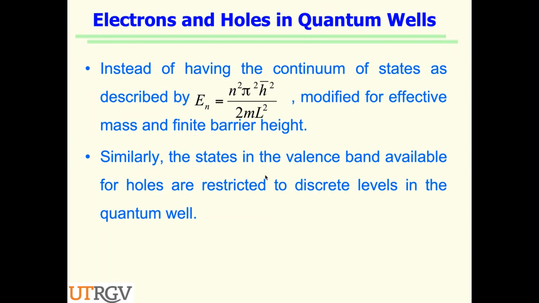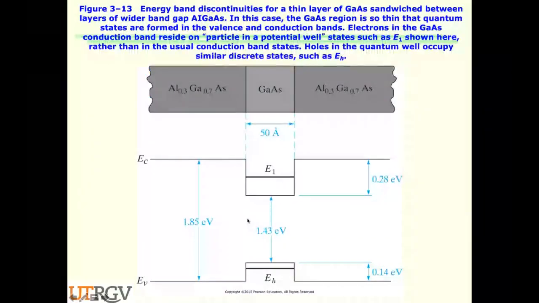Now, in that case, what would happen is instead of a continuum energy structure, which we could get from this equation, we would have different levels of valence band and conduction band. So, for example, this material has these levels of conduction band and valence band, but if you change it to gallium arsenide, that has a different band gap.